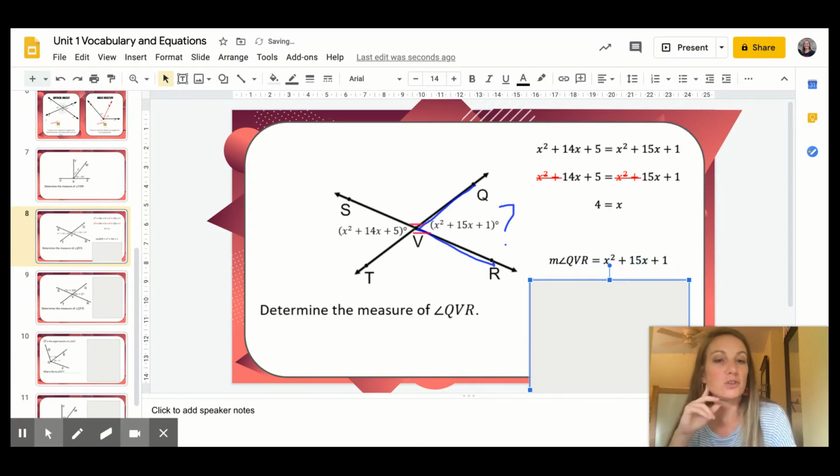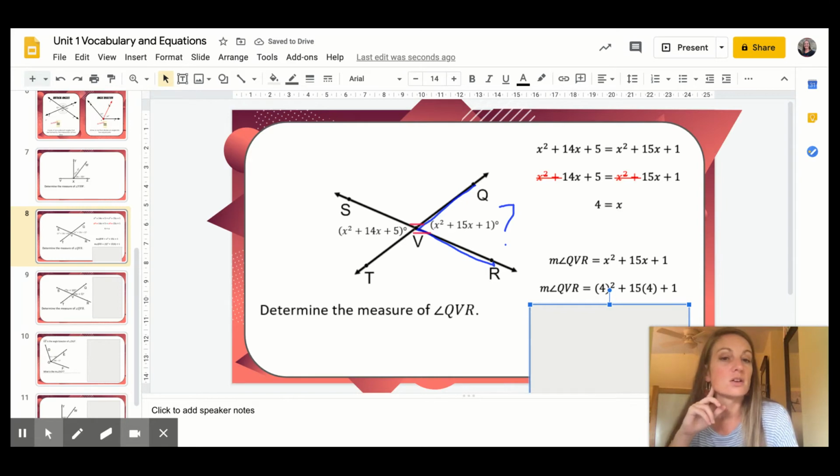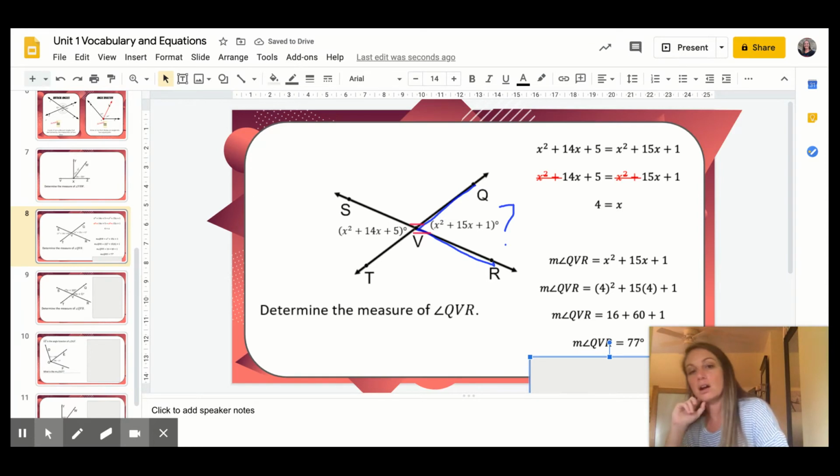So measure of QVR is x squared plus 15x plus 1. I substitute my 4 in: 16 plus 60 plus 1. Add them all up. And I get 77 degrees. So the measure of QVR equals 77 degrees. All right, let's try this next one.